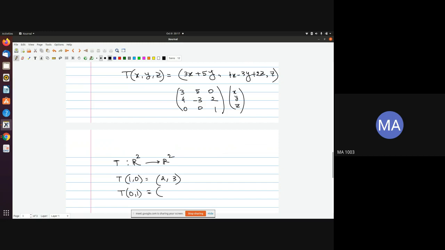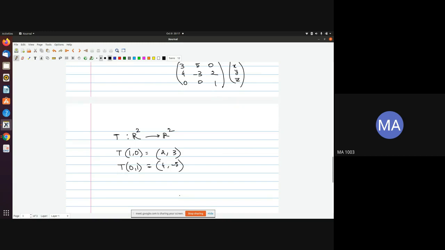Suppose it goes to 4, minus 5. If I give the input as 1, 0, I am getting 2, 3. If I give the input as 0, 1, I am getting 4, minus 5. So basically, I have taken the standard ordered basis of R2, and I know where the basis goes.